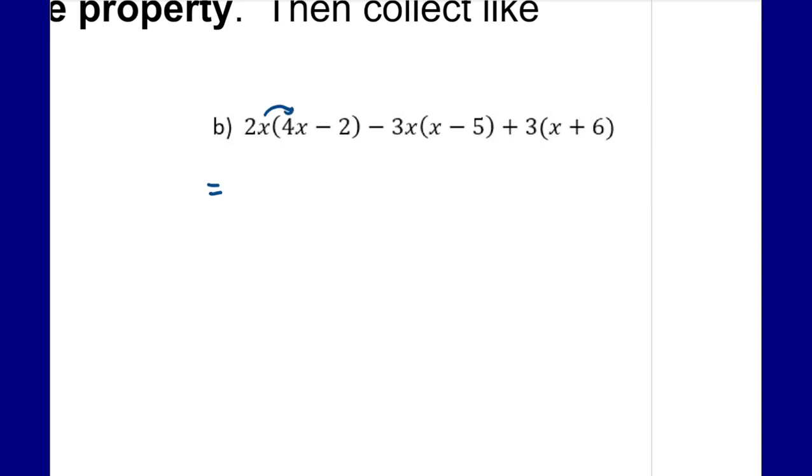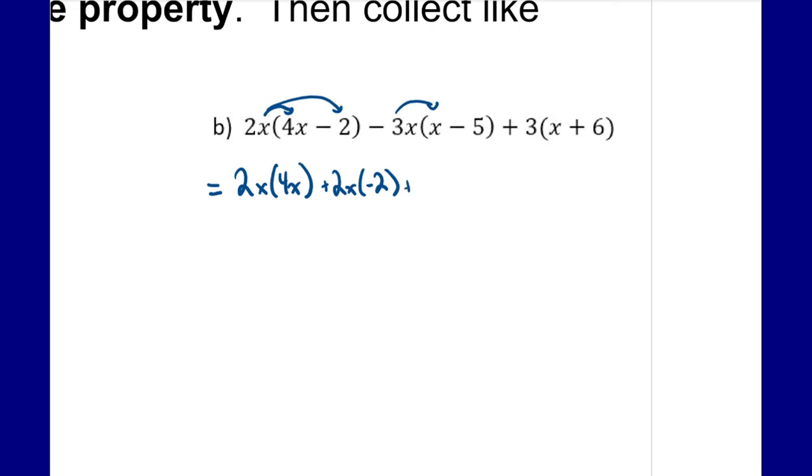So 2x times 4x, I'm just going to write out the full thing. Then we have the next one, 2x times negative 2. So we're adding 2x times negative 2. We're always going to be adding whatever we multiply. The signs will work themselves out when we do the multiplication.